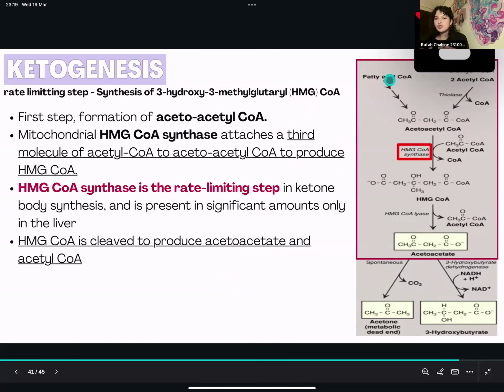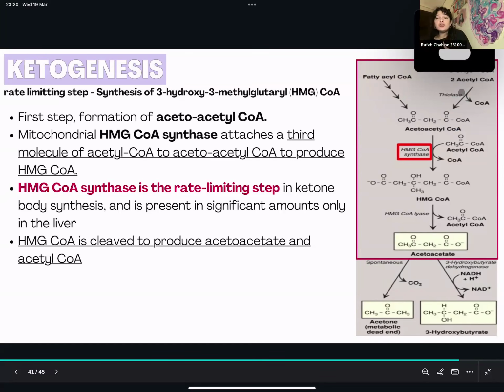I'm pretty sure we are all aware of how fatty acyl-CoA works with ketogenesis and acetyl-CoA production. So let's just say I already have my acetyl-CoA. I want to start the process of ketogenesis. How? 2 acetyl-CoAs are going to come together to form acetoacetyl-CoA with the help of thiolase. Okay? Now, 2 acetyl-CoAs with the help of thiolase, they're going to form acetoacetyl-CoA.